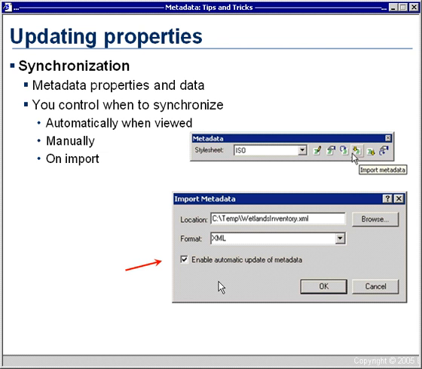You can also choose whether to update when you import metadata from a file. If you disable automatic updating when you import, the properties will not initially be updated with information about the receiving dataset. And you might want to do this in order to review the metadata documentation without having to read through the properties.